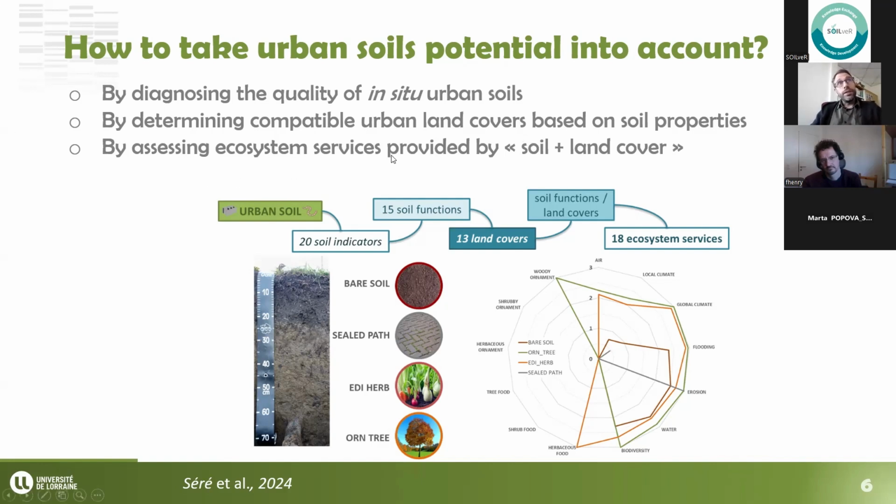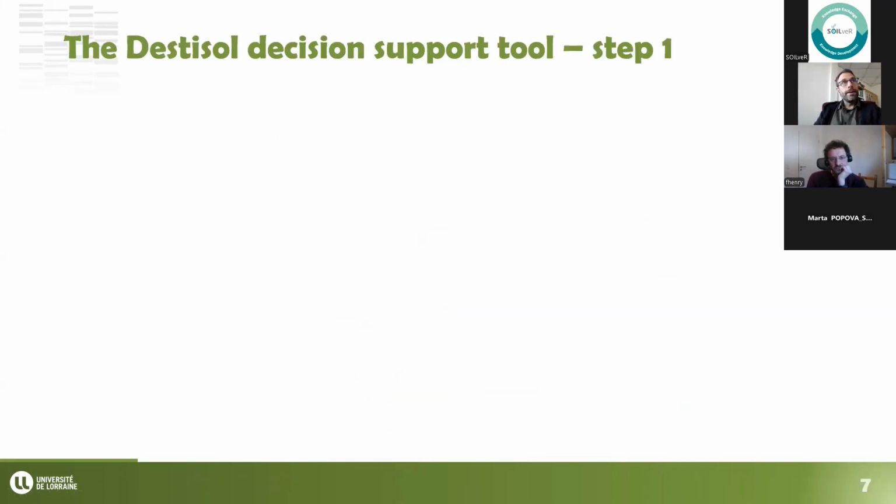Then, by determining compatible urban land covers, based on these soil properties. Some soils can be compatible only with silt paths, but some can be used to produce edible vegetation. And then the last step that I will now explain is that we could also try to assess, evaluate and score ecosystem services provided by urban soils with their land cover. This is what my talk will be about.